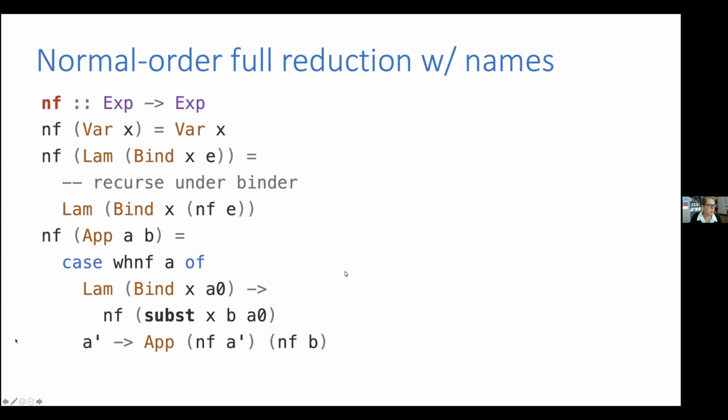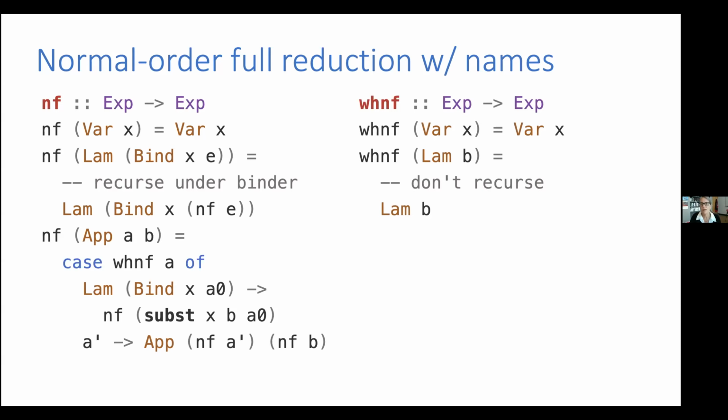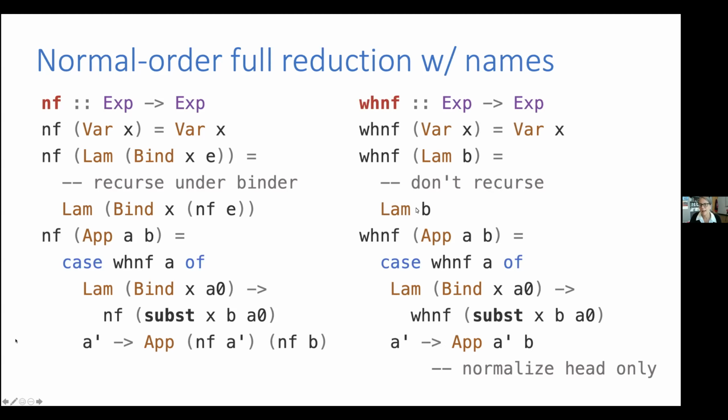And then what is weak head normal form? That's a lot like calculating the normal form, but we're going to do fewer reductions. When we're computing the head, we don't need to recurse underneath lambda expressions. When we're doing applications, if we find lambdas we'll reduce them, but we'll only be looking at the head of the form.